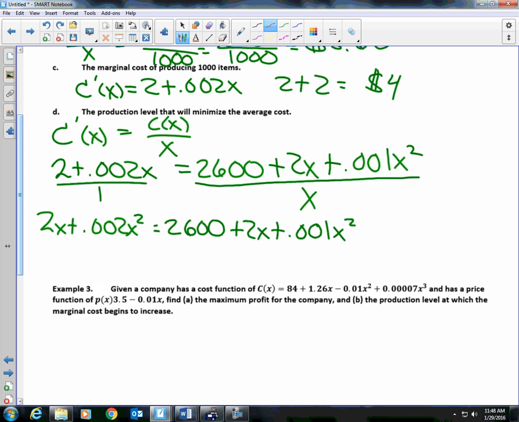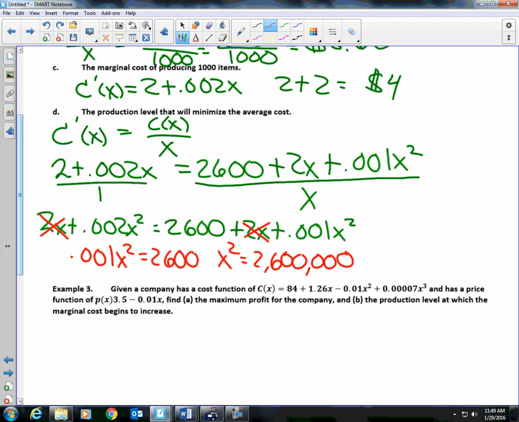What do you get rid of? 2x is gone. Boom. Subtract my 0.001x squared over to the other side, I get 0.001x squared is equal to 2,600. Divide both sides by 0.001, and I get x squared is equal to 2,600,000. Now what? Square root of both sides. So let me take the square root of 2,600,000.